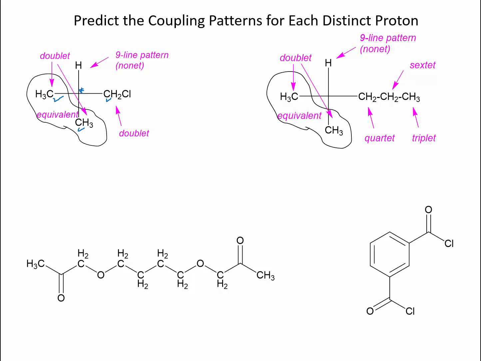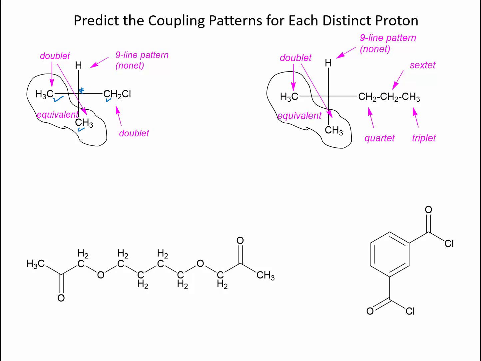For these hydrogens, this is a hydrogen on an adjacent carbon, and these are hydrogens on an adjacent carbon. There's 1, 2, 3 hydrogens total on the adjacent carbon relative to these 2 hydrogens. Thus, this signal here is going to appear as a quartet.